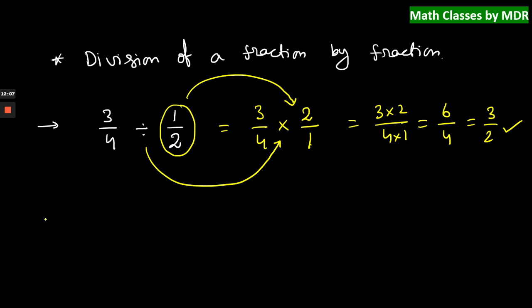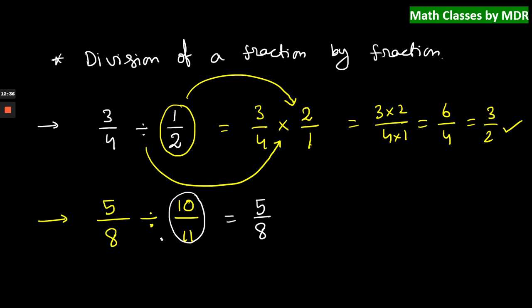Right? Now let me take one more example. We have, let us say, 5 by 8 divided by 10 by 11, let's say. Right? So what to do? First we take the second fraction and we take the reciprocal of it and we convert this division into multiplication. 5 by 8 we write as it is.